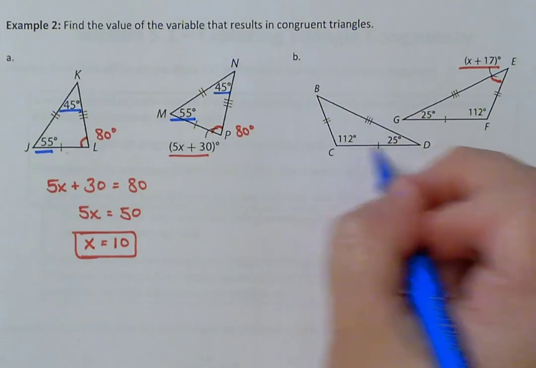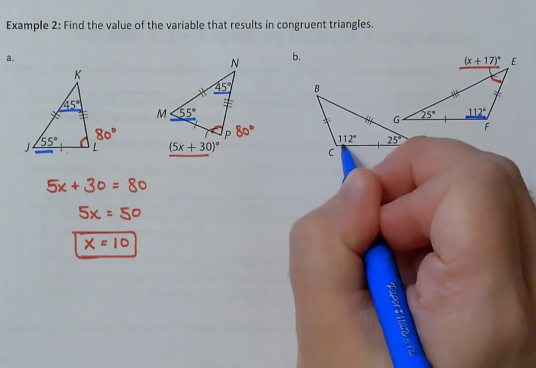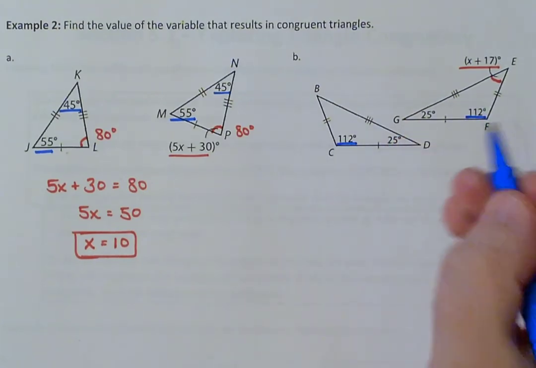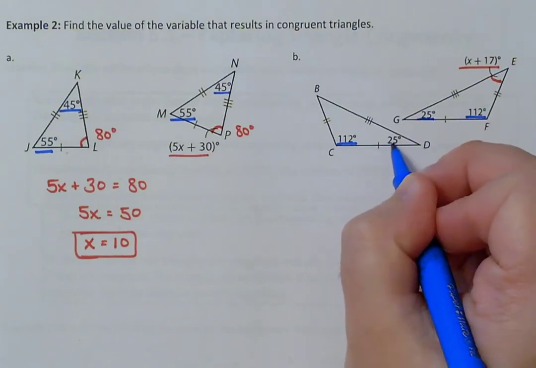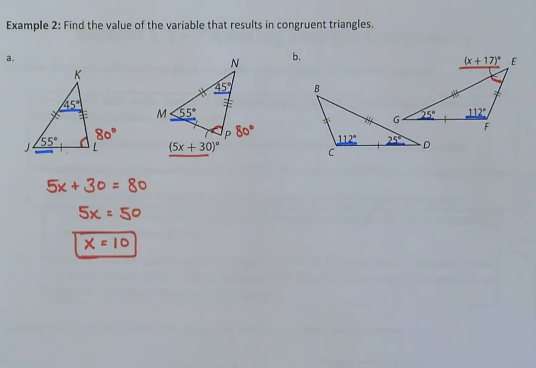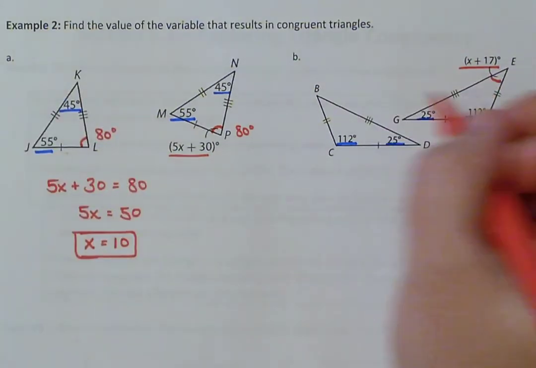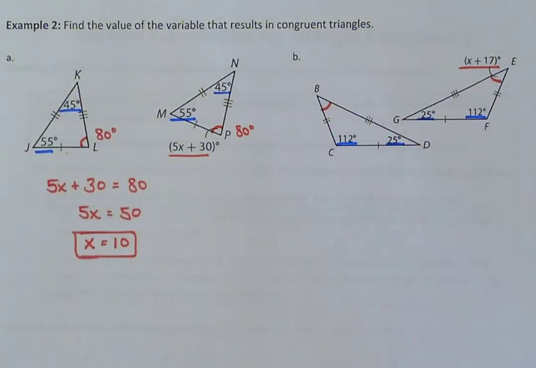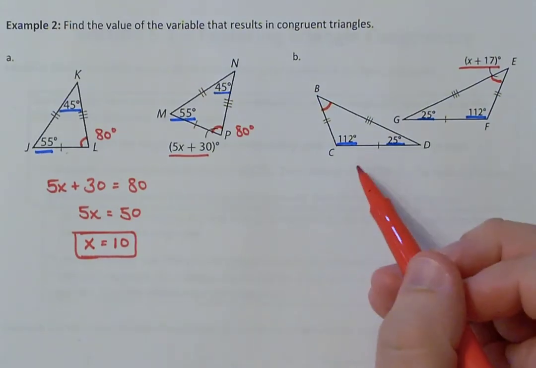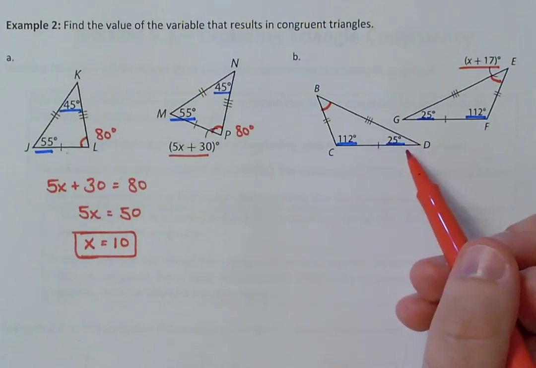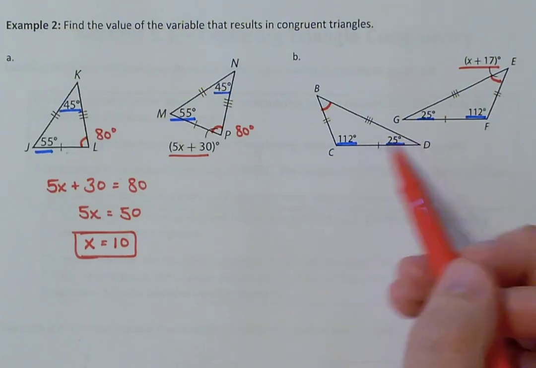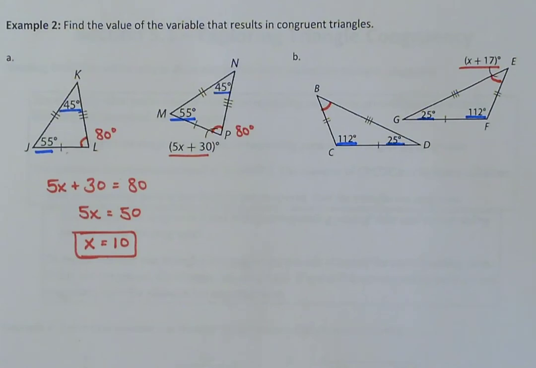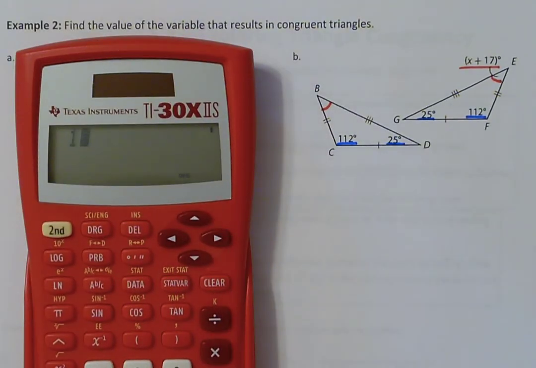Again, I have 112 for F and 112 for C. I have 25 for G and 25 for D. So that means E is going to be congruent to B. So what is the measure of angle B? Well, I know that C is 112 and D is 25. Knowing that, I can find my third angle measure. Again, we're going to take 180 and subtract the two known measures, 112 and 25.